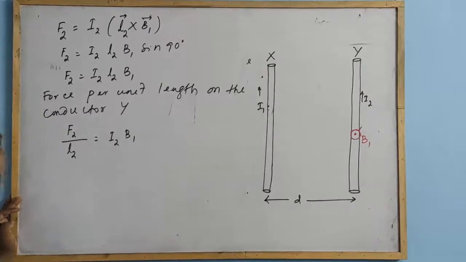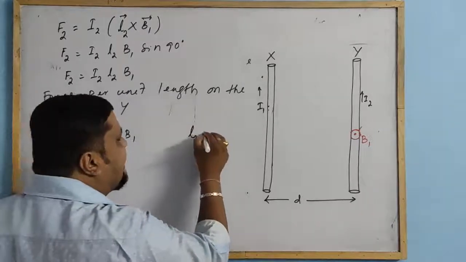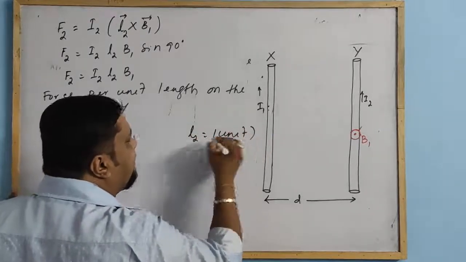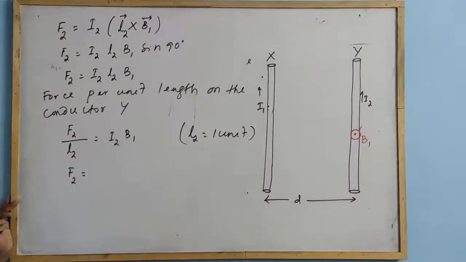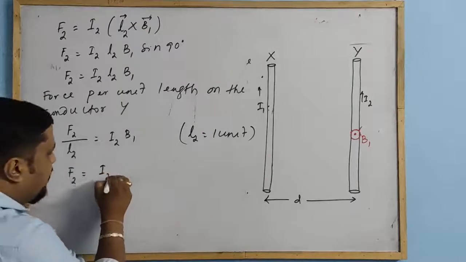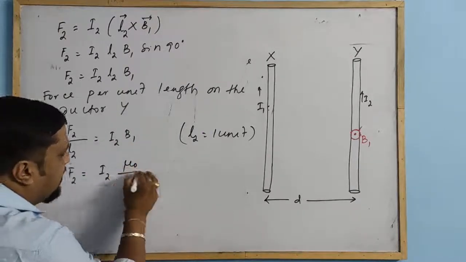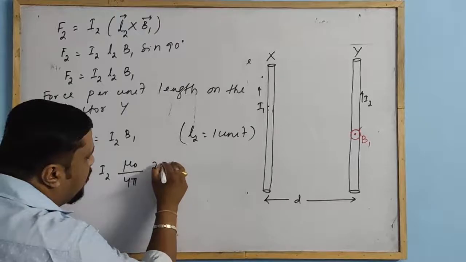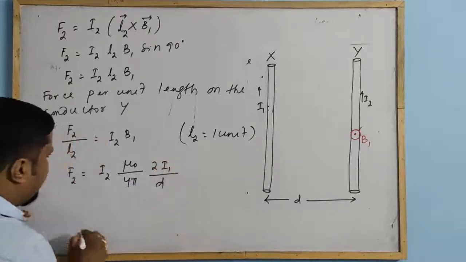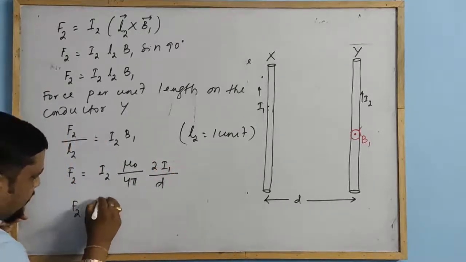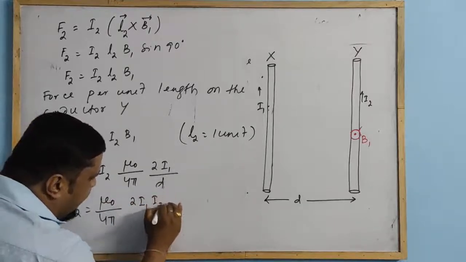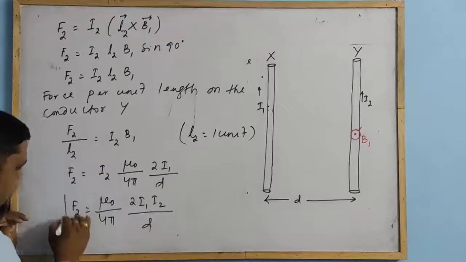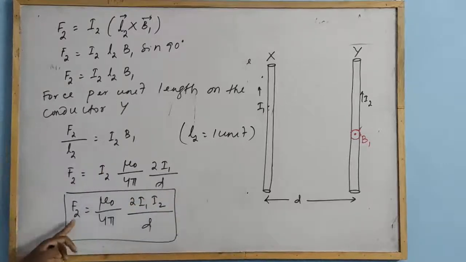And L2 is per unit length, so let me take L2 equal to 1 unit. So F2 is equal to I2 times B1, which is mu naught by 4 pi 2 I1 by D. So F2 is equal to mu naught by 4 pi 2 I1 I2 by D. And remember dear students, this is the force per unit length.